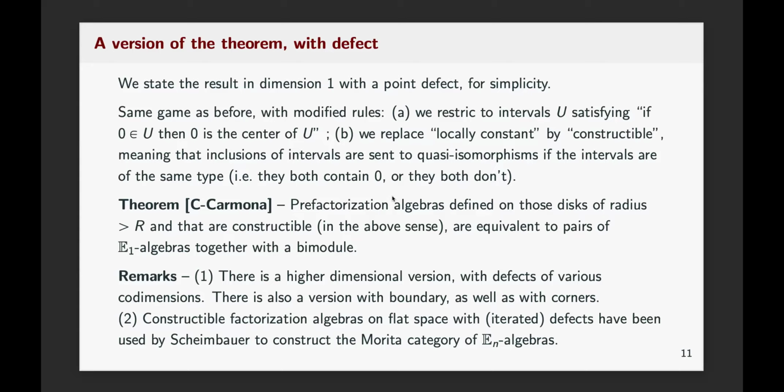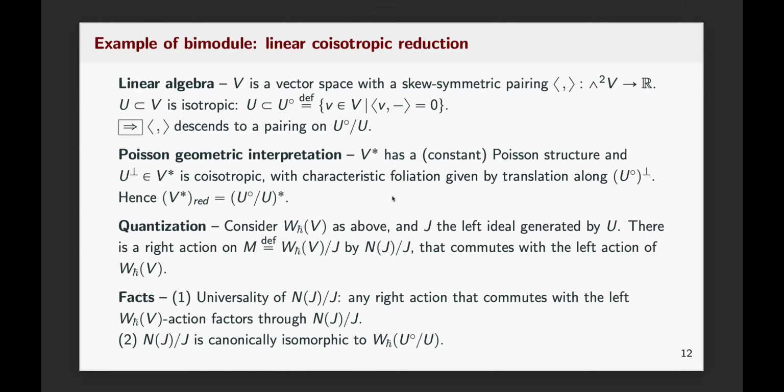In general, a constructible factorization algebra on that stratified space is a 2-morphism in the higher Morita category, so these are like 2 E2 algebras, they are objects. They have E1 modules between them, and these E1 modules have a shared bimodule in between.